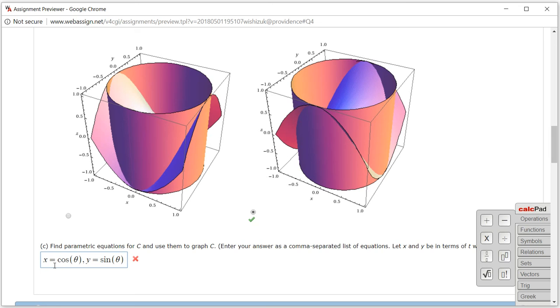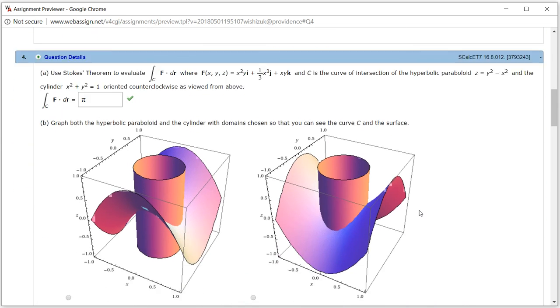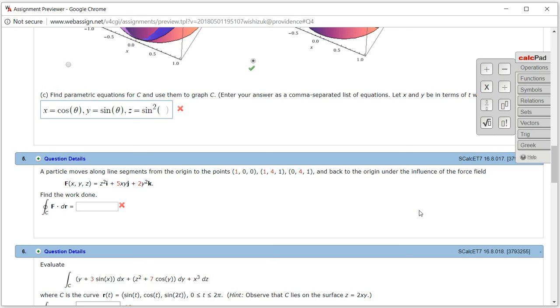And z is y squared minus x squared, so z equals sine squared of theta minus cosine squared of theta.